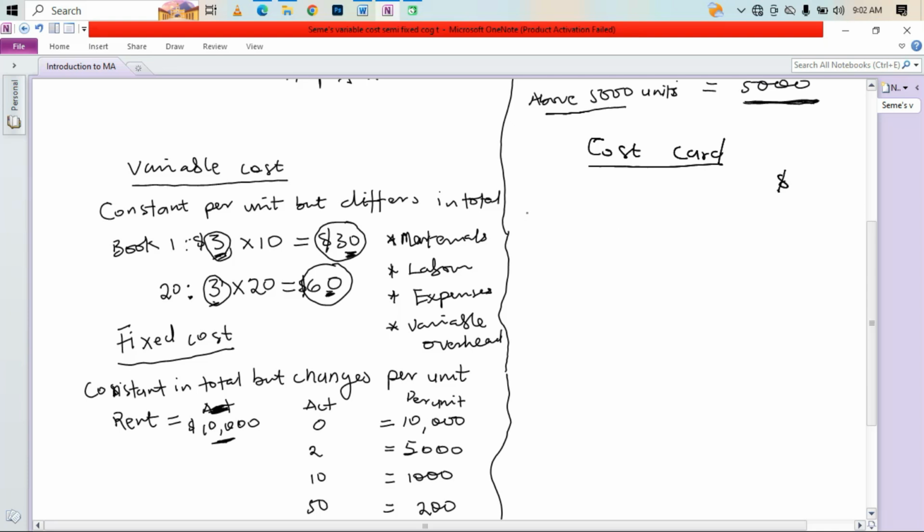So in a cost card, we are going to have our direct material cost. So direct material cost will be given. Then we have the direct labor cost. Then we have our direct expenses.